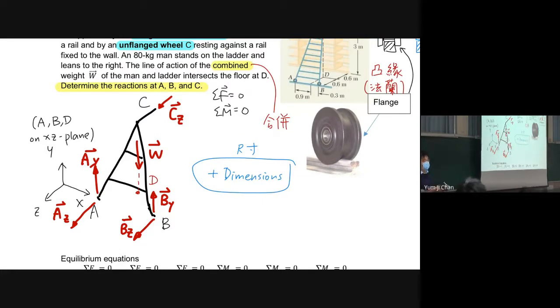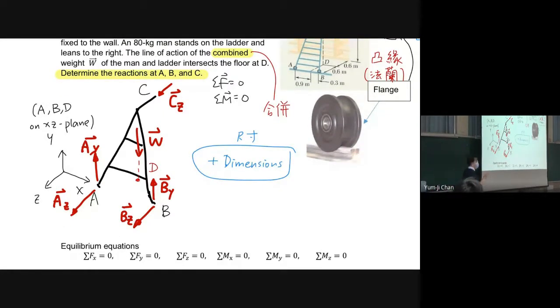So how many unknowns do we have in this problem? What are the unknowns? AY, AZ, BY, BZ, and CZ. We have 5 unknowns. Now it seems we have 6 equations but 5 unknowns, which is not very logical.